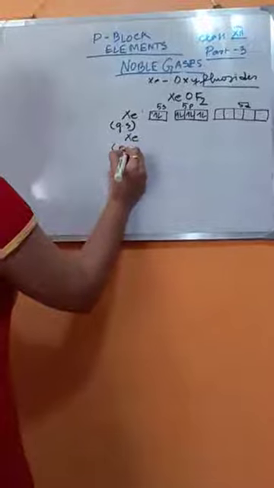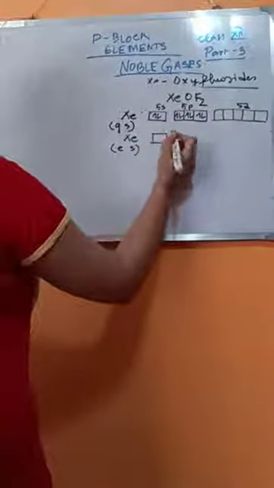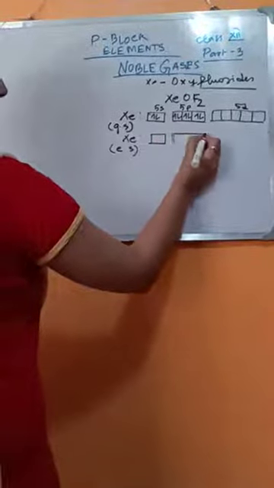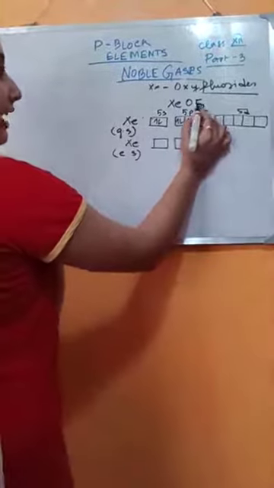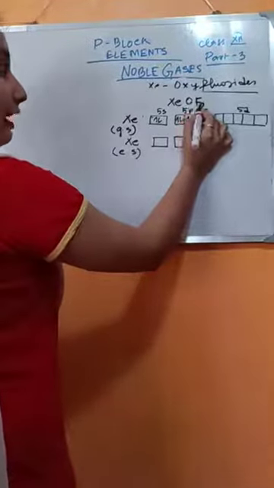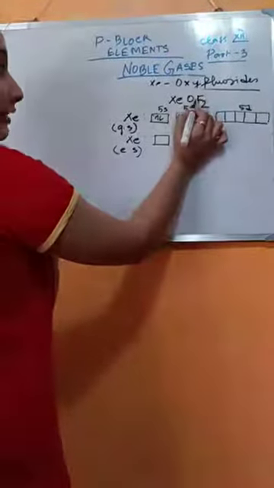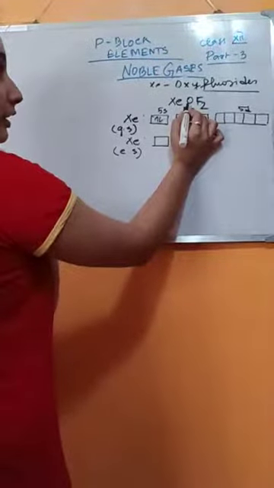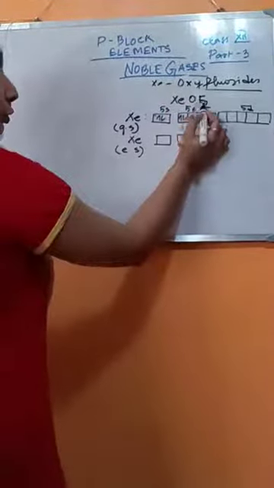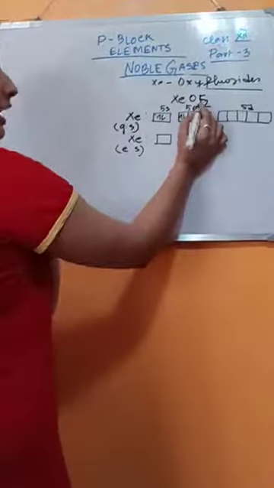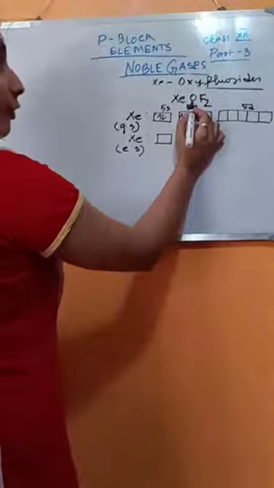Xenon in the excited state. There are two fluorine atoms and one oxygen atom. Oxygen will form a double bond. So how many bonds are formed here? 2 bonds for the 2 fluorine atoms and 2 bonds for 1 oxygen atom. So a total of 4 bonds.